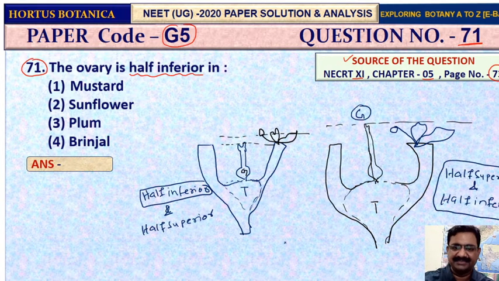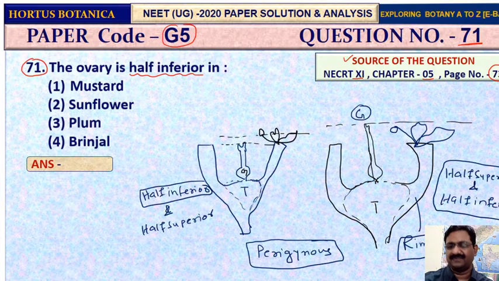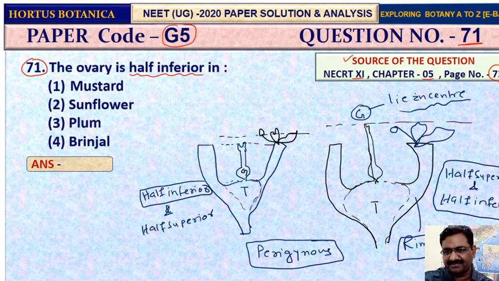So in general, this case is called perigyny or the perigynous condition. Is it clear? This structure is called the rim of the thalamus. There we called it the margin of the thalamus, and here we are calling it the rim of the thalamus. You find the gynoecium lies in the center, and at the very rim, the surrounding, so this is called the rim.